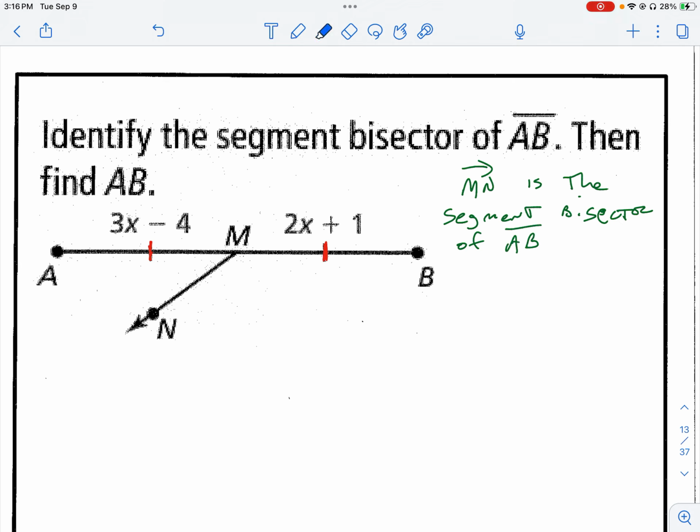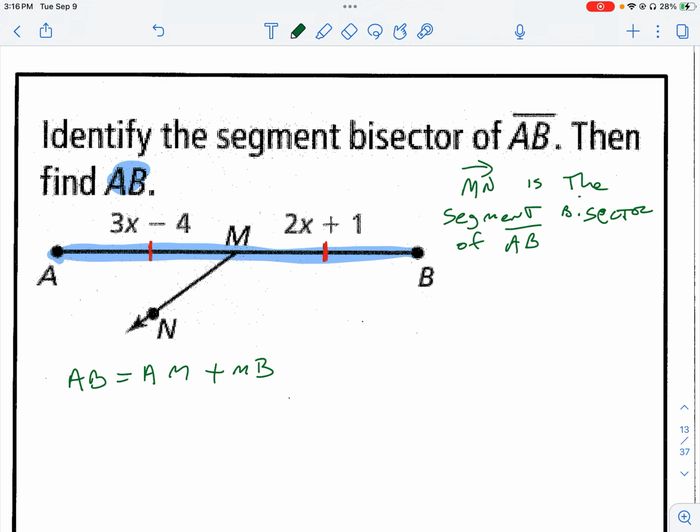We want to find AB, which is this whole big monster here. And we know AM is 3x minus 4, 2x plus 1 is MB. We know AB equals AM plus MB. So we got to find x.